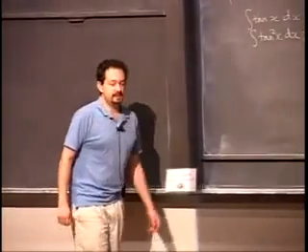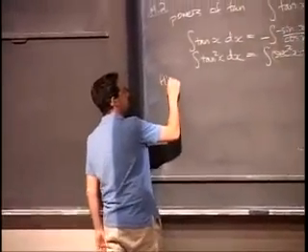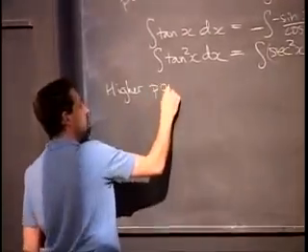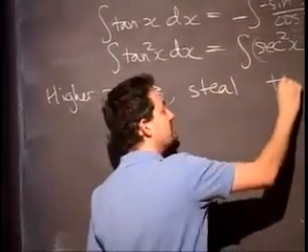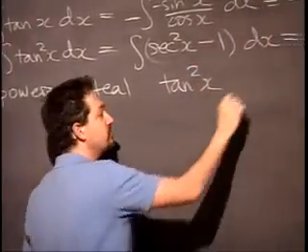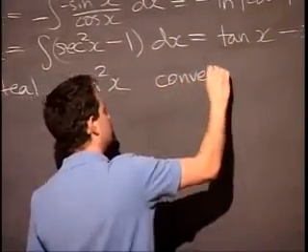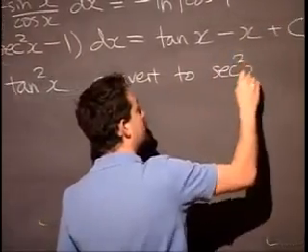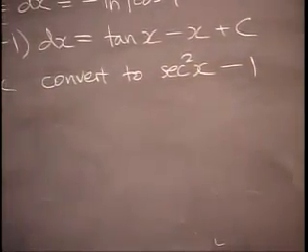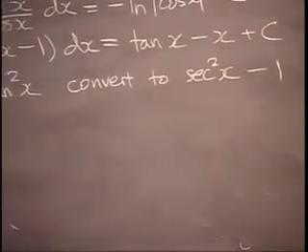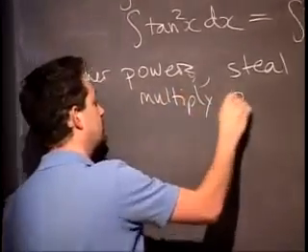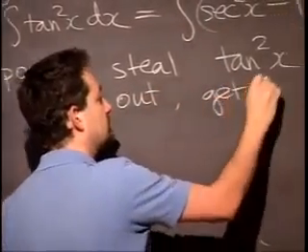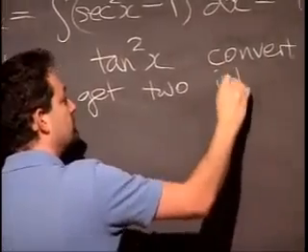Now, here's the idea. For higher powers, steal tan squared and convert to secant squared x minus 1, just like we did for tan squared, this previous integral. So convert that to secant squared x minus 1, multiply out, and you get two integrals.